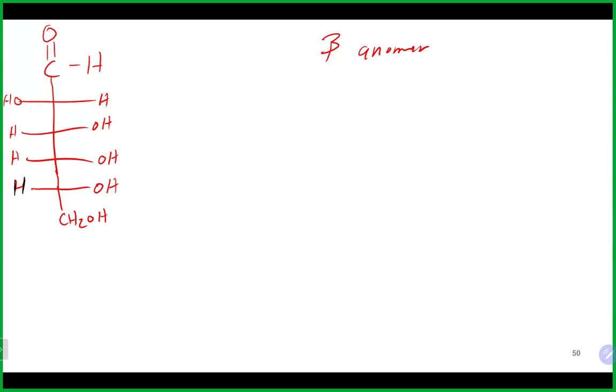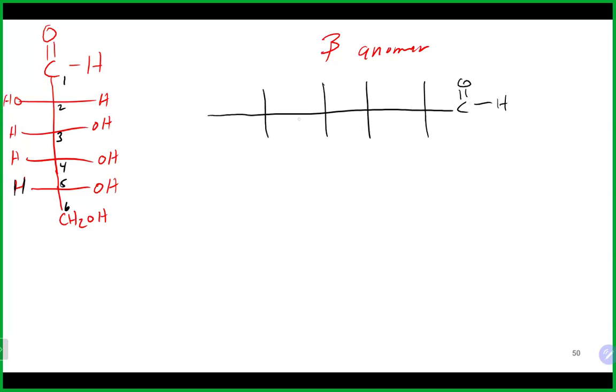Okay, so let's take a look. Again, I'm going to number. We're going to start with 1 up here, 2, 3, 4, 5, and 6. If you would like to drop it on the side, you can, and that would give us something that looks like this, and this would be 1, 2, 3, 4, 5, and 6.